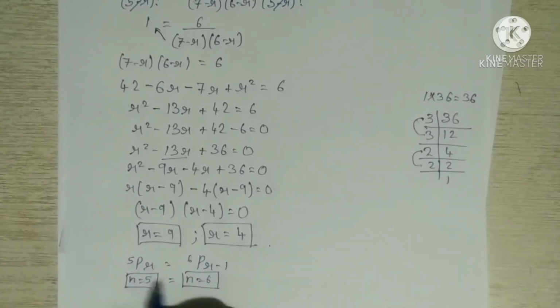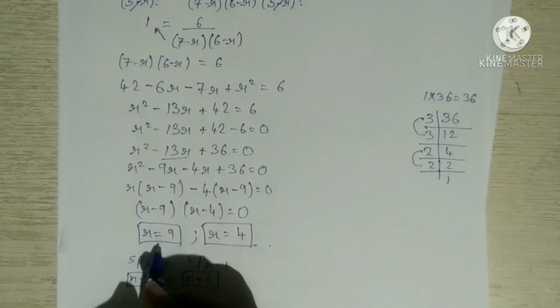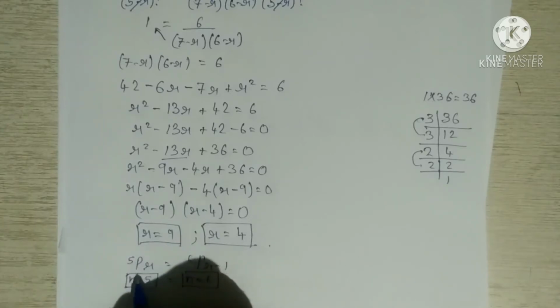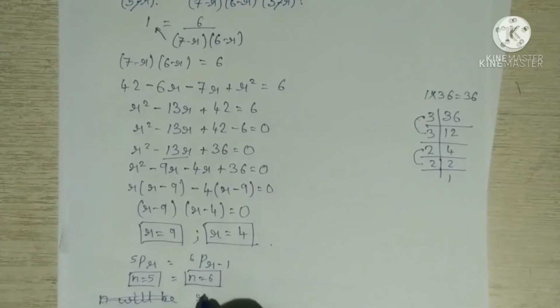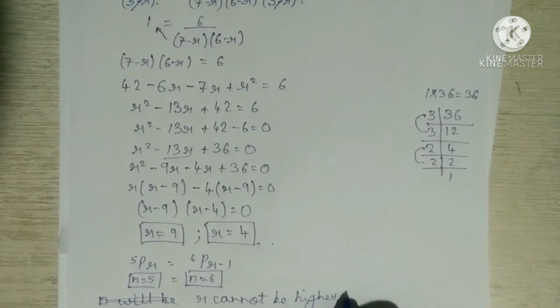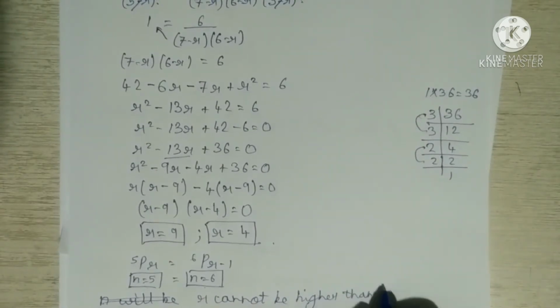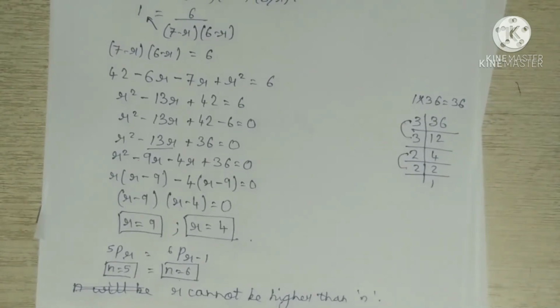Okay, 9 is not allowed since 5 and 6 are not greater than r is equal to 9. r cannot be higher than n. This is the condition. r cannot be higher than n.